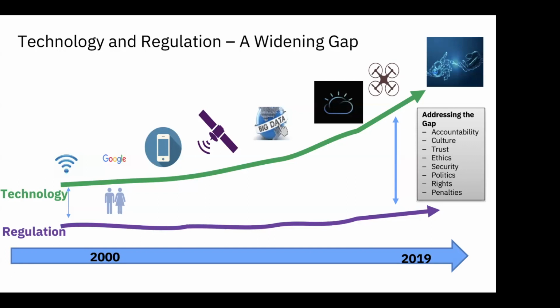We have learned how to collect and process data from many different sources like social media, IoT, and cloud computing also has growth in these past couple of years. However, unfortunately, the regulations like security, ethics, trust, rights, these things did not grow along with the technology in the past couple of years.